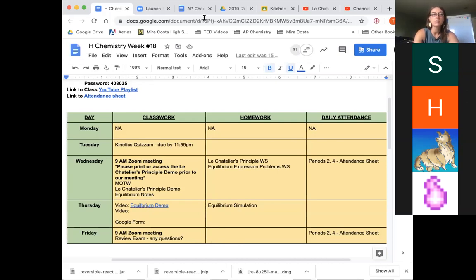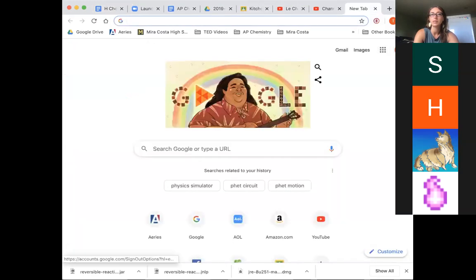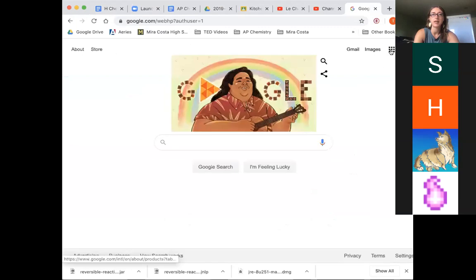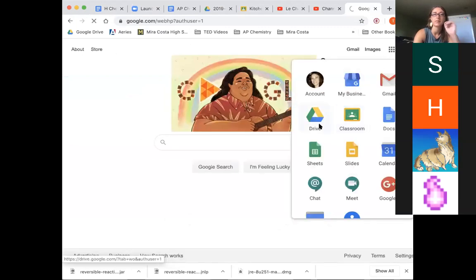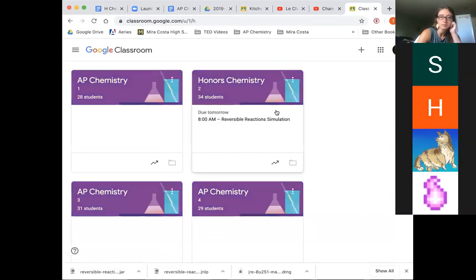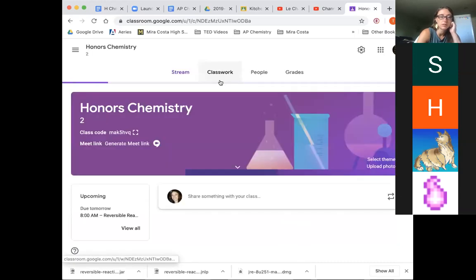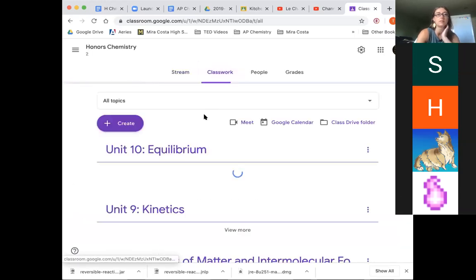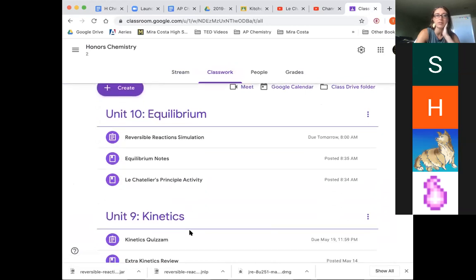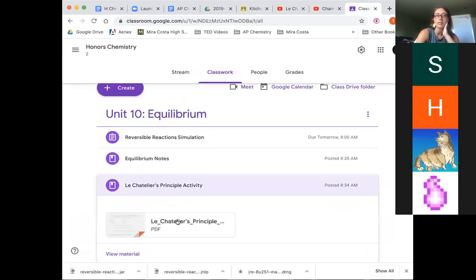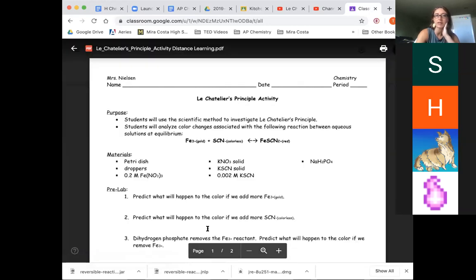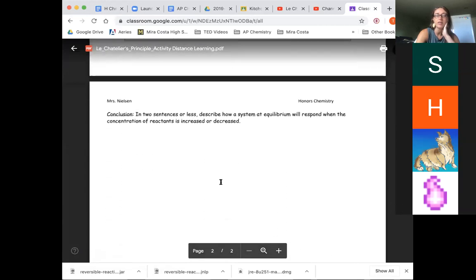Okay, let's go over to the Google Classroom and take a look at these things that I've uploaded for you. I started a new topic here, Unit 10, Equilibrium. This Le Chatelier's principle activity is what we're going to look at early on today. It's short.